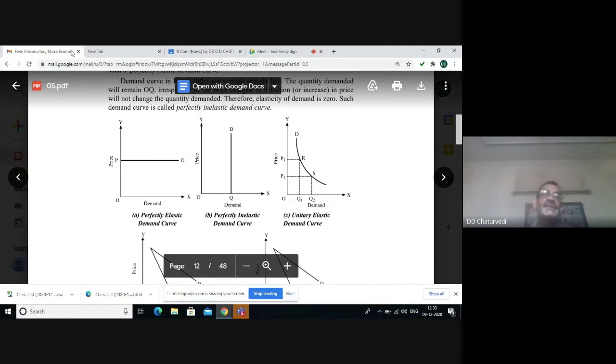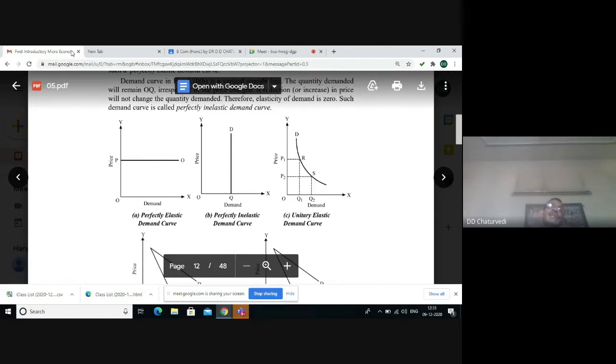Now consider 5.10b. This demand curve is linear but vertical. It is a case of perfectly inelastic demand curve. And for this demand curve, elasticity of demand is 0 at every point. That means demand is not at all responsive to the change in price. When we apply the point method, for which the formula is lower segment divided by upper segment, lower segment is a finite amount, but upper segment is infinity.